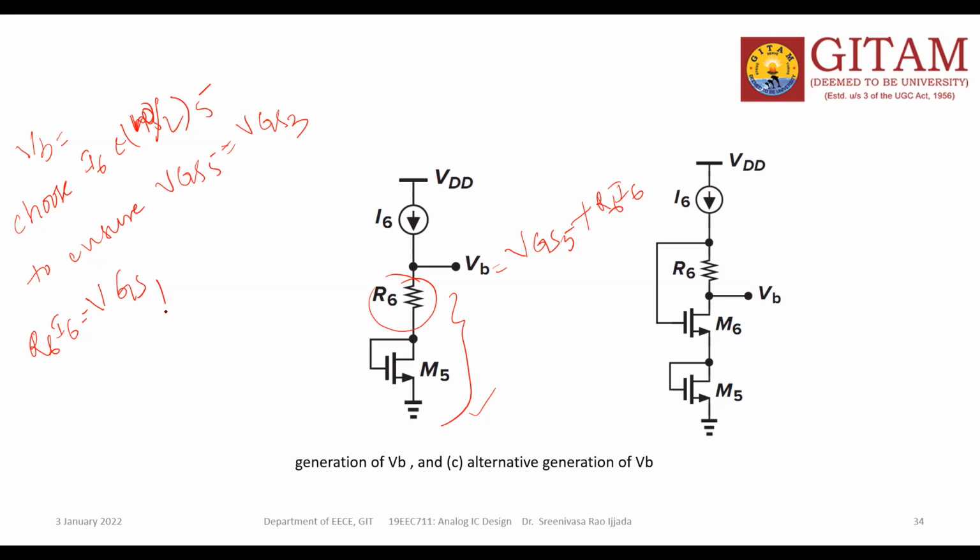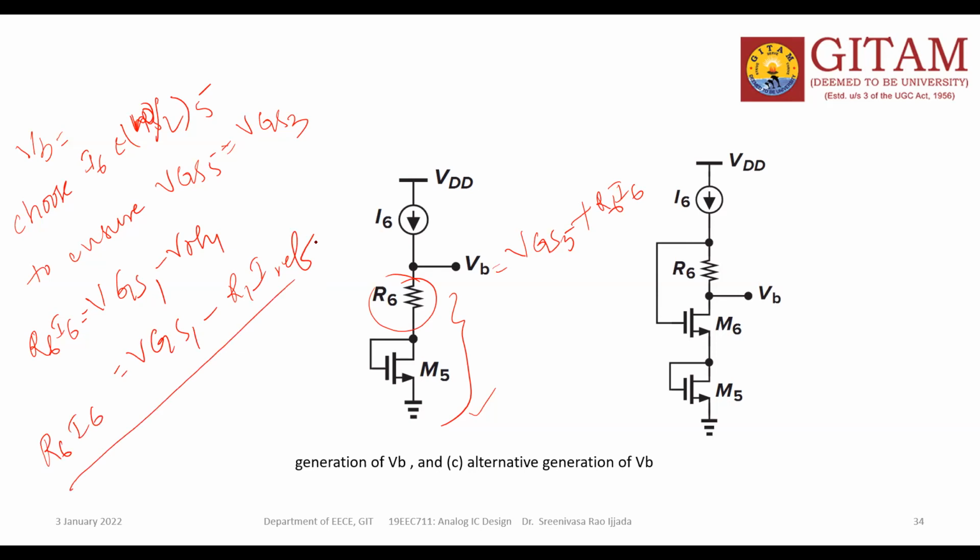So VGS1 minus VTH1 is equal to VGS1 minus, what is the VTH1? Yeah, so R1 into I reference. So this is the R6 into I6.